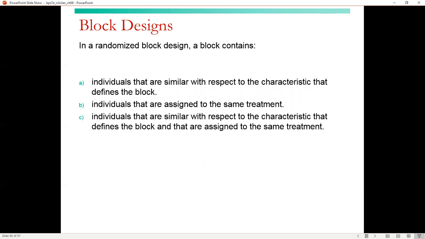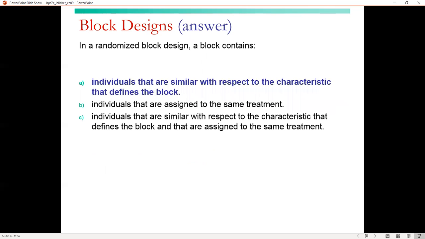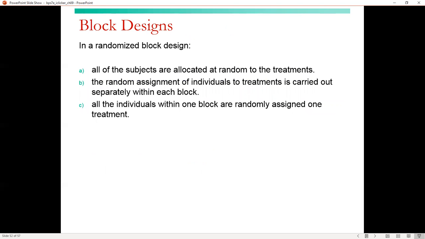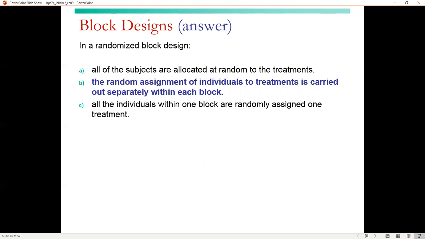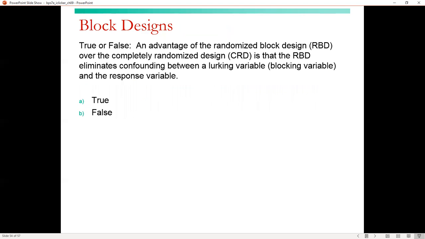In a randomized block design, a block contains individuals that are similar with respect to the characteristic that defines the block. In a randomized block design, the random assignment of individuals to treatments is carried out separately within each block. True or false?